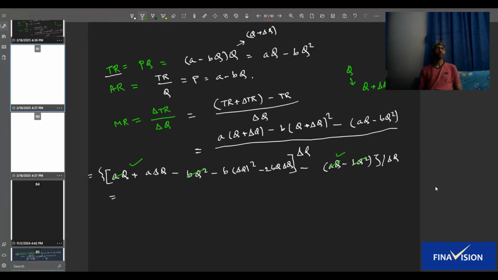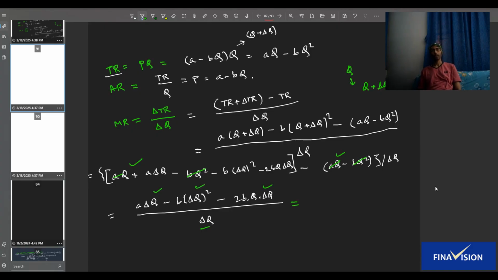So the remaining expression is like this: A del Q - B del Q² - 2BQ del Q, divided by del Q. So this del Q cancels out one del Q in each of the expressions, and this becomes A - B del Q - 2BQ, right?